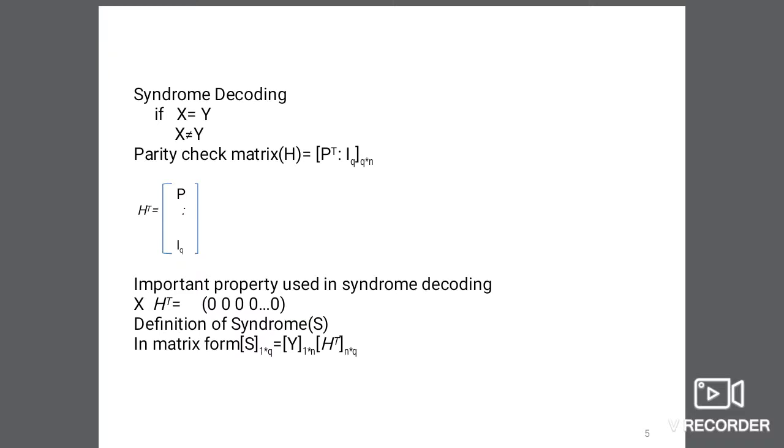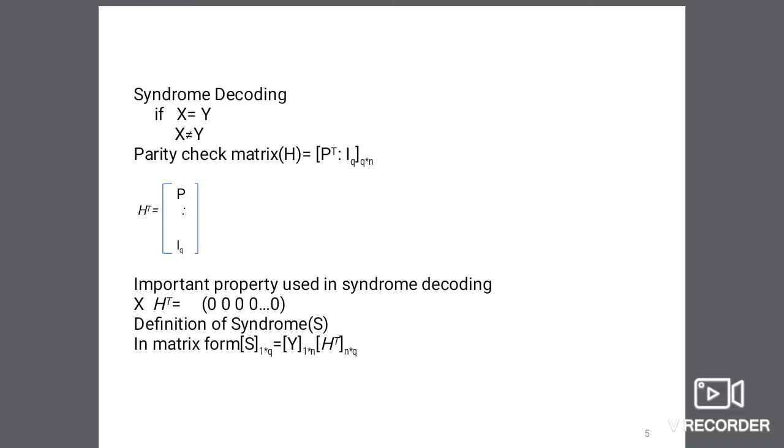Here we use the parity check matrix H equal to [P^T | I_q], where I is again the identity matrix, and we convert H from the transpose of P with respect to I_q. Then the important property used in syndrome decoding is that X multiplied by H^T is equal to 0. If this is not 0, it means an error was produced.